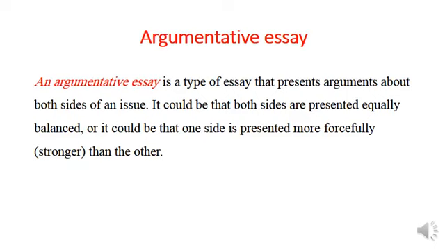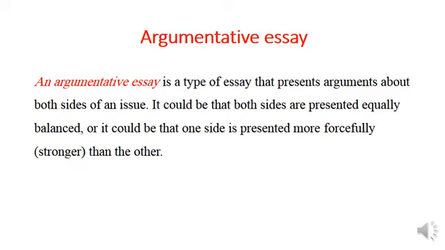In addition, it could be that both sides are presented equally balanced. For example, you would like to talk about one issue and you are going to give advantages and disadvantages. So it's possible to provide advantages and disadvantages balanced without supporting one of them. But most likely, one side is presented more strongly than the other one.